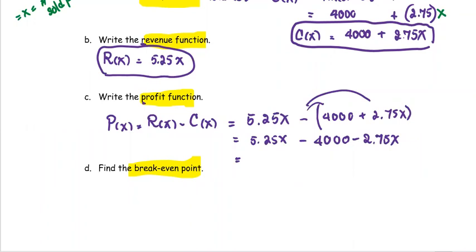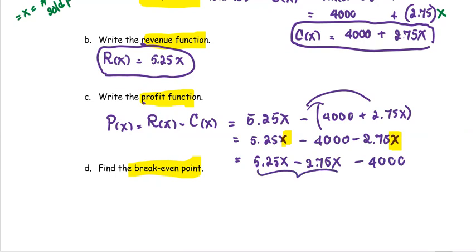After that, you just clean up or simplify. Look for like terms, a key term you have heard many times when you took algebra courses. Like terms means you have the same variable but different coefficients. What you have to do is just add or subtract the numbers. For this case, I'm going to write them next to each other: 5.25x minus 2.75x, and then subtracted by 4,000.